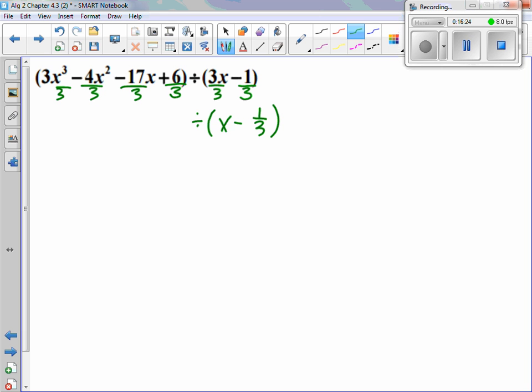Fractional form, yes. Because this is one of the downsides to synthetic division. We have to do this. Now with long division, we could have just put the 3x minus 1 in front and gone from there.